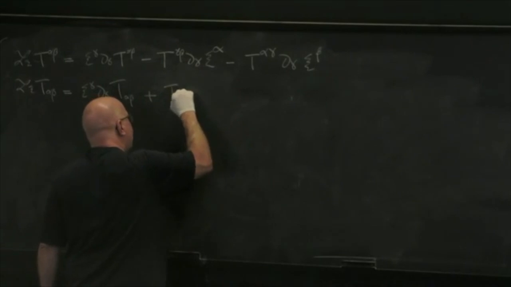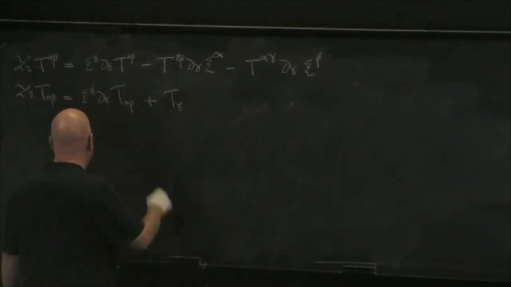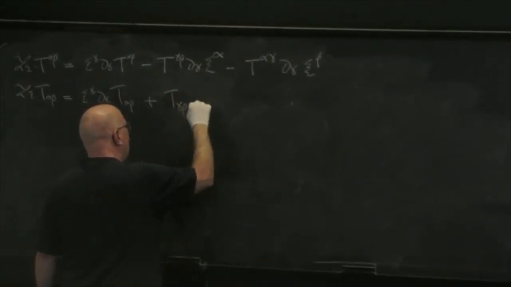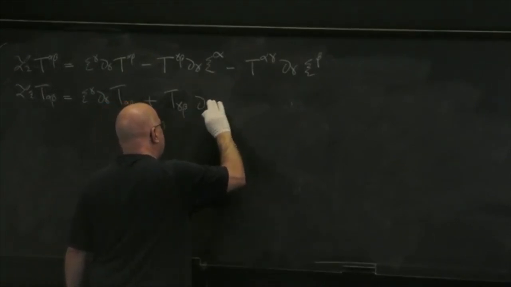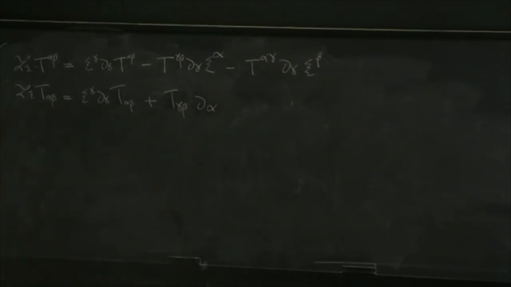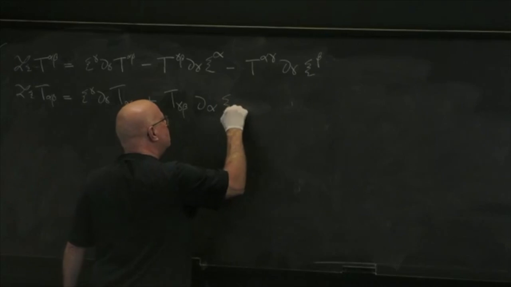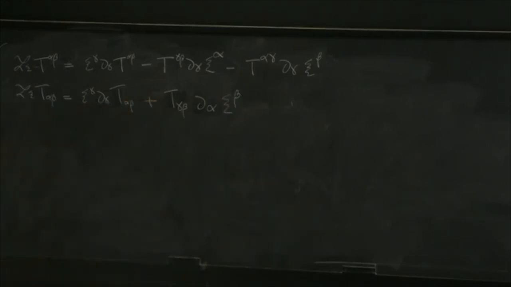So if we follow the rule, we're going to replace the first index of the tensor with the summation index. We're going to leave the second index alone. And then we're going to differentiate with respect to the missing index alpha. And we're differentiating the xi vector.